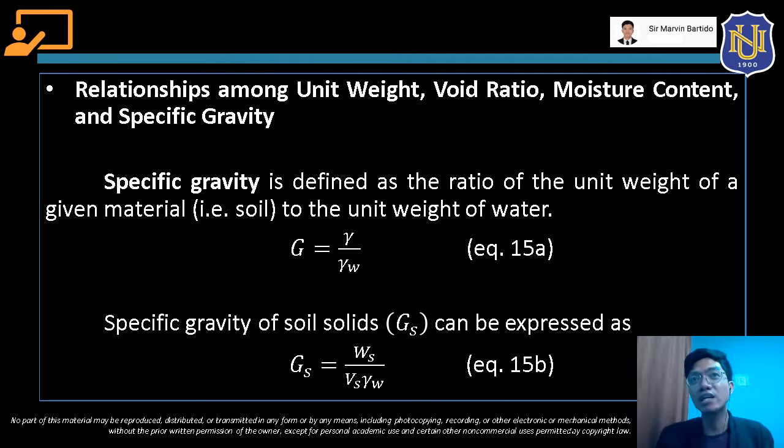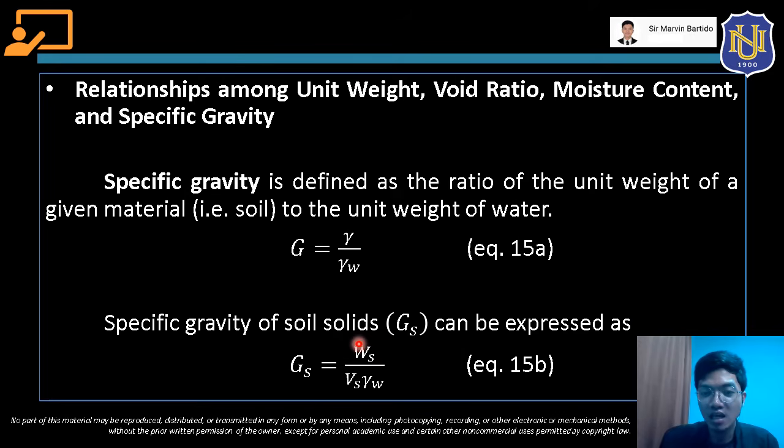Wherein, class, yung gamma nung soil solid will be equal to the weight of the soil solid over the volume of the soil solid. Right? That's the unit weight for soil solid. So again, that is weight ng soil solid over volume ng soil solid. Kaya naging ganito siya, class.